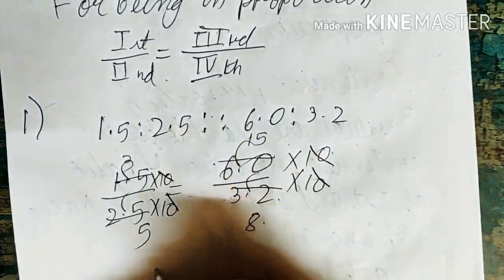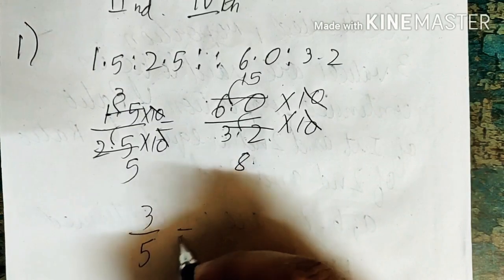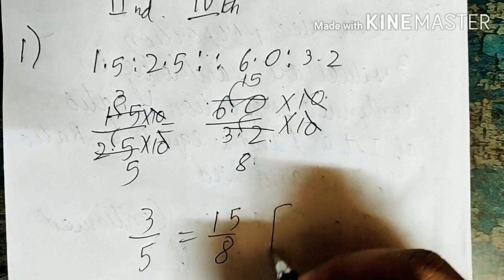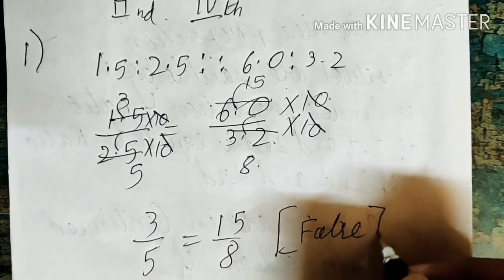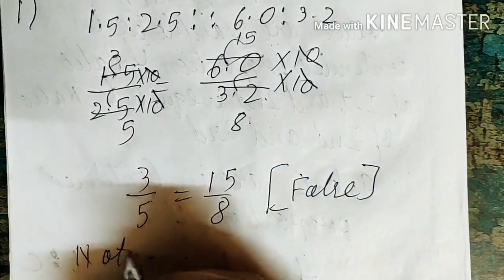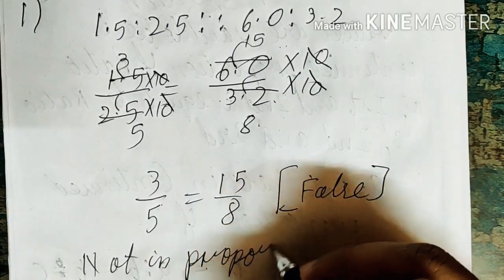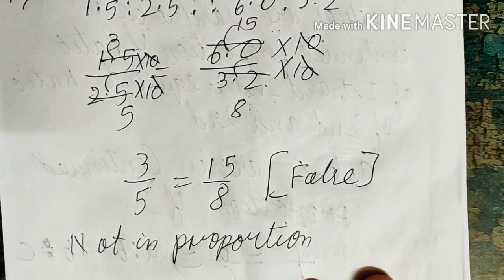So we are getting here 3 by 5 equals 15 by 8. So this is false. This being a false statement, they are not in proportion.